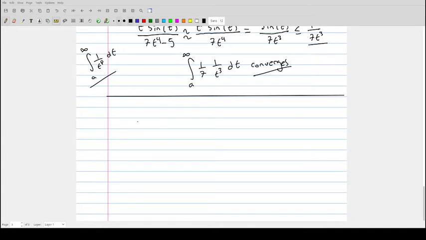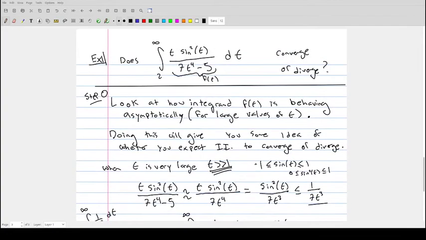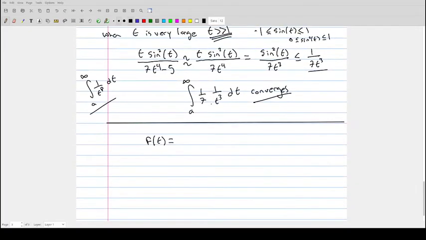And the whole reason here is the following. We choose f of t to be equal to our function, which is t sine squared of t over 7t to the fourth minus 5.